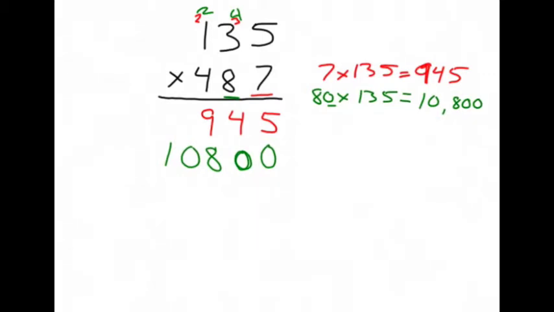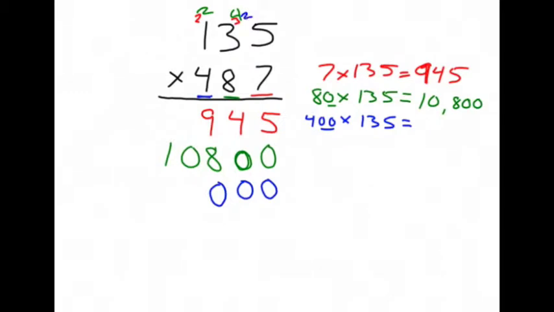Alright, moving right on over to the hundreds now. Because the 4 doesn't mean 4, it actually means 400 times 135. Okay? Since I'm multiplying by hundreds, I have 2 zeros, so I'm going to put 2 zeros to hold that hundreds place intact. 4 times 5 is 20.